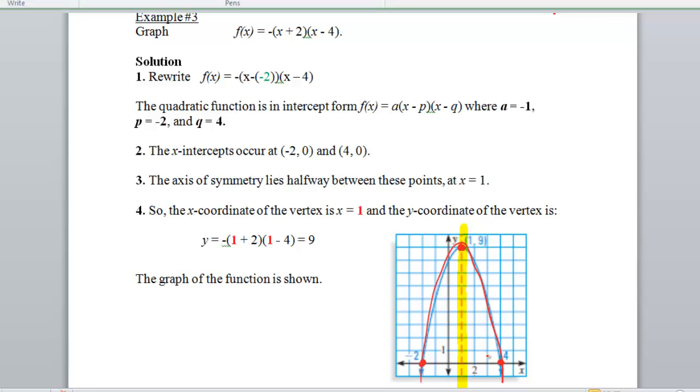I'm going to recommend that the closer that vertex gets to the x-axis, the more t-chart points you're going to want, simply because it'll give you a clearer picture. We may see that in a later example. So go ahead and move on down the notes and work the next set of sample problems using intercept form.